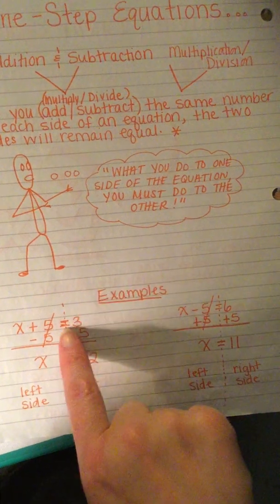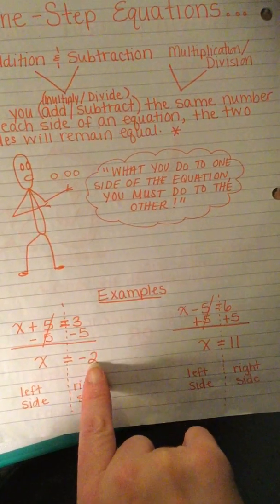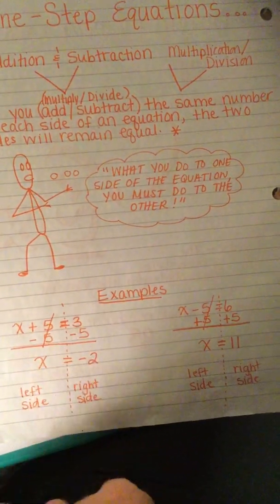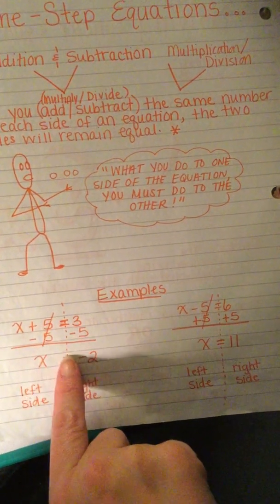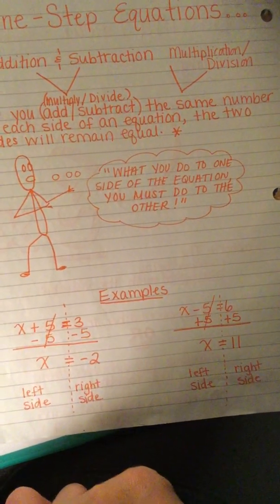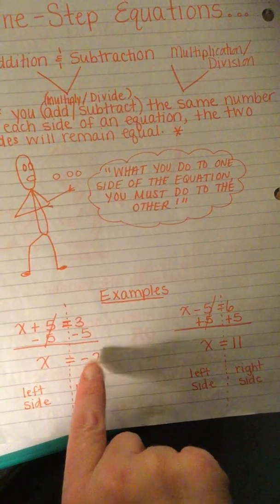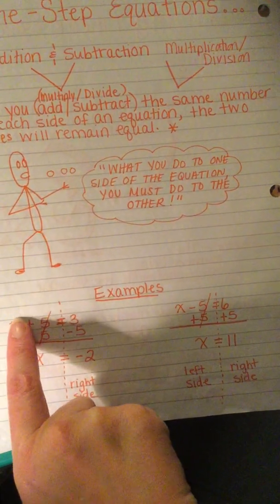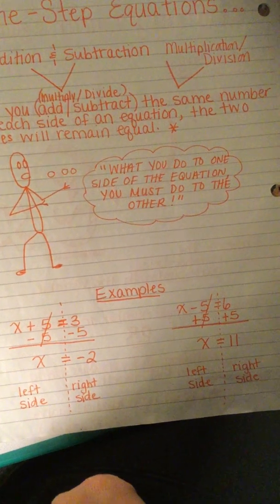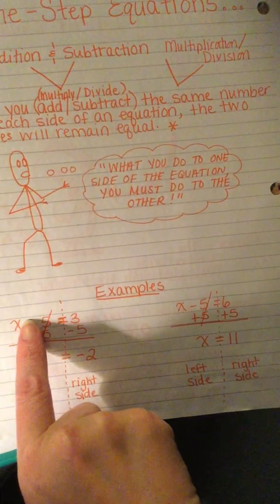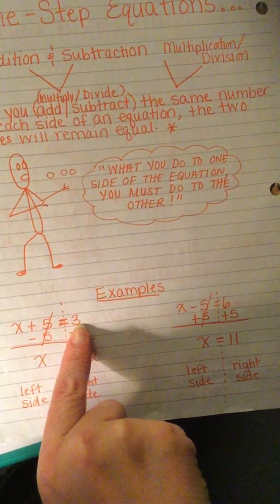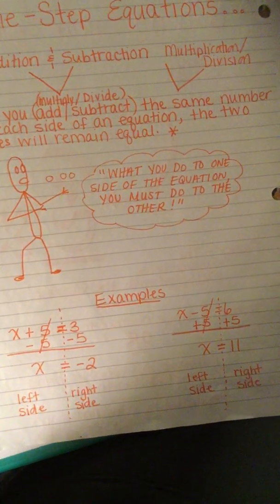And then 3 minus 5 gives me a negative 2, and I bring down the x. So my x is equal to negative 2. Now you can double check your work, because you can plug negative 2 back in for x and see if it makes sense. So if negative 2 plus 5 gives me an answer of positive 3, then I know I'm right.